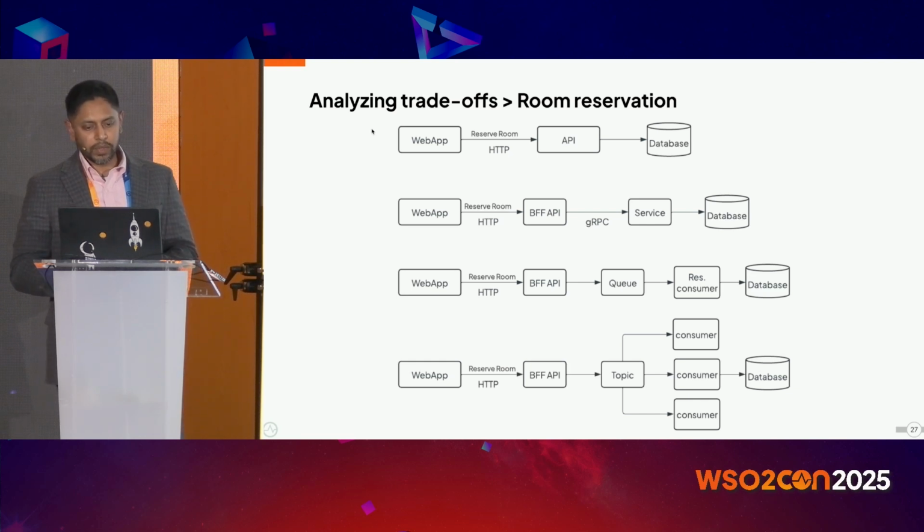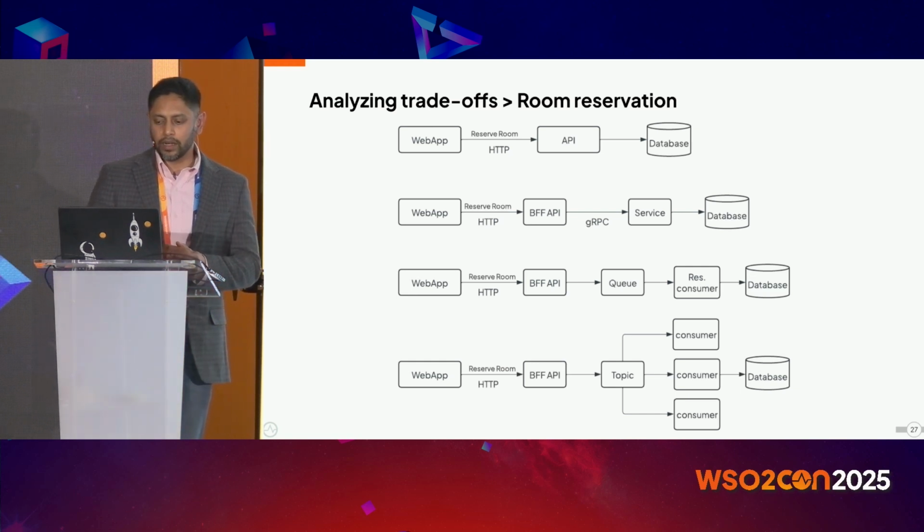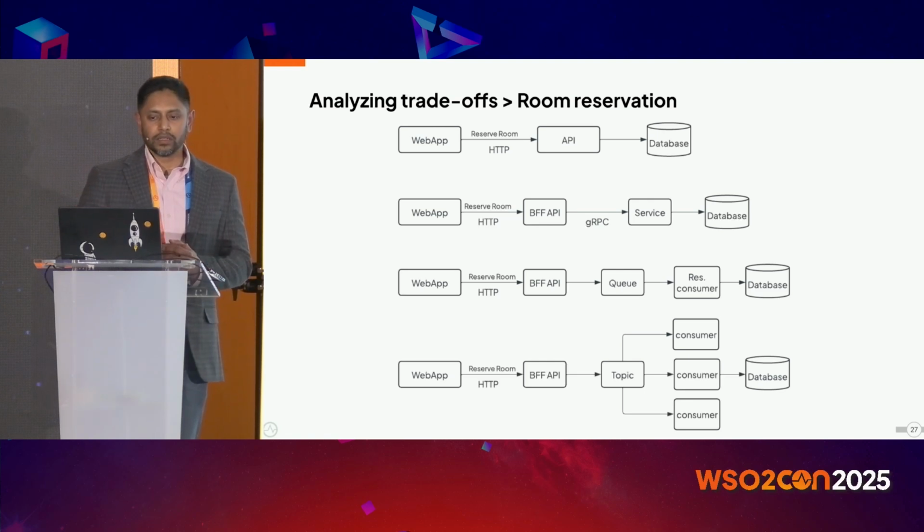So first is a simple web app doing an HTTP call to an API, and that API talking to a database. The next one, the web app talks to a BFF API, or backend for front-end API, that wraps maybe several other services.